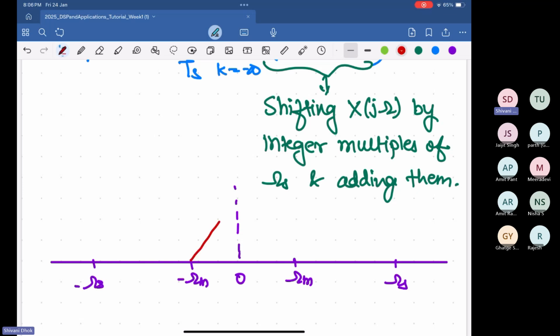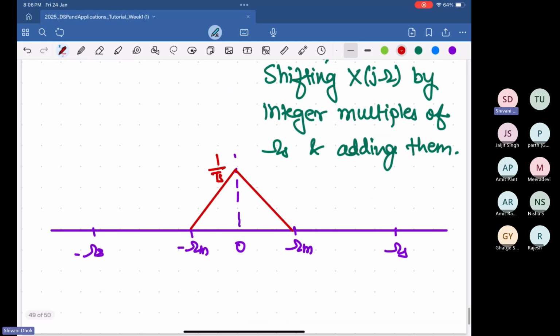What is happening now is that we have this thing here, which is 1 over Ts. It was 1 initially, but now we have 1 over Ts. Similarly, we will have the replicas present at omega s, at minus omega s, and at every integer multiple of omega s. So this is how our Xp of j omega looks.